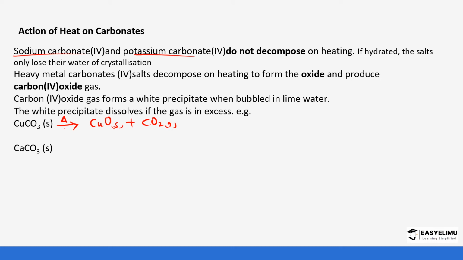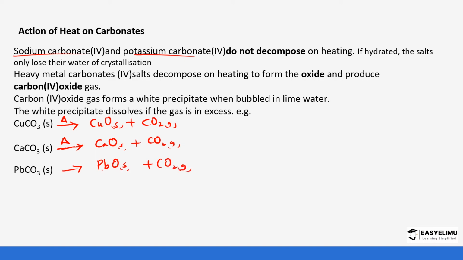Next, we look at calcium carbonate. Remember, we write the arrow and show the heating sign, or you write heat. Calcium carbonate also decomposes to form calcium oxide and carbon 4 oxide, and this equation is also balanced. We have lead carbonate. If you decompose lead carbonate, you form lead oxide plus carbon 4 oxide gas.